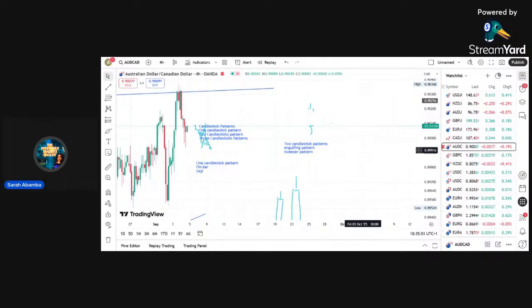So for a bullish engulfing pattern, there are conditions that must be fulfilled for the candlestick patterns to be valid.